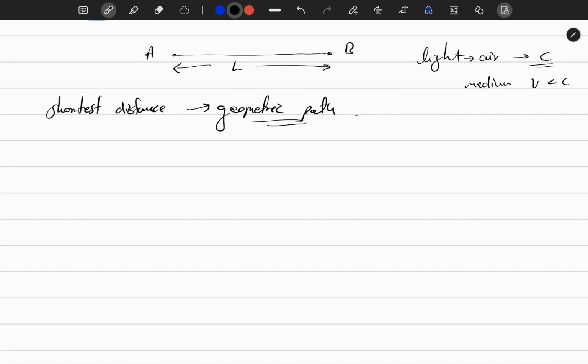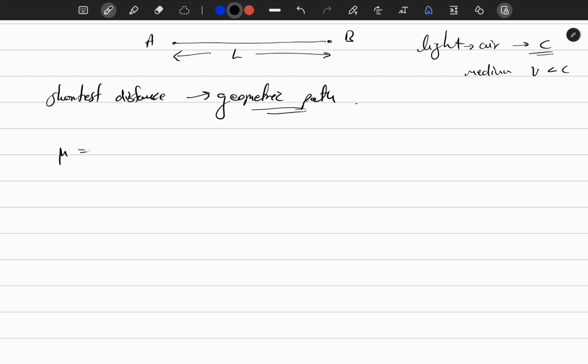So we know that refractive index is the velocity of light in vacuum divided by the velocity of light in that medium. So we can write c as the distance AB by the time taken, and in the medium we can say it is equal to AB by time taken. Since this time will be different, we will use a different symbol T here.